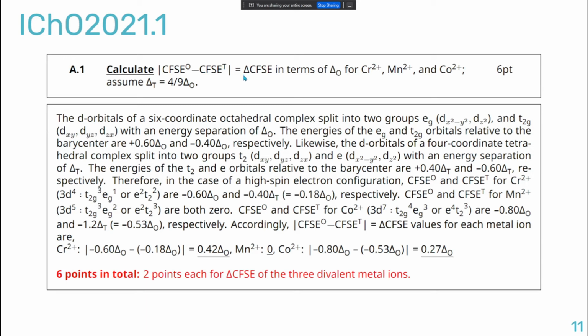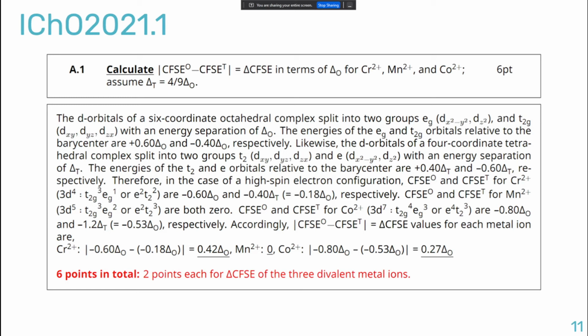You're asked to calculate this delta CFSE in terms of some splitting parameter, which is delta O, for various ions. So what you have to do is at least 6 calculations and then take the difference, which is, first of all, mathematical. Second, it is kind of automatic, like a robot.